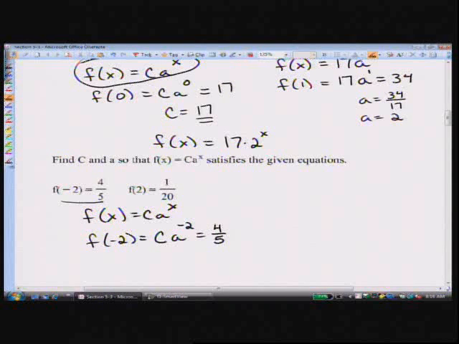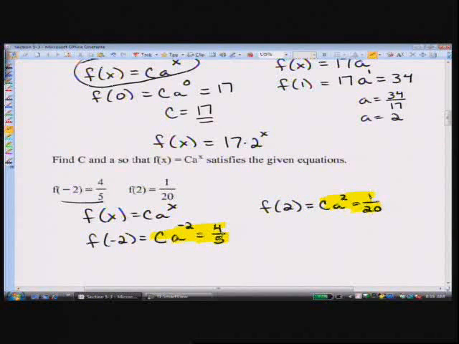And then the other equation, we are told that f at 2, which will be equal to C times A to the 2, is equal to 1/20. Okay, so you have to do a little thinking here. But you have 2 equations. You have this one and this one. And when you have 2 equations and 2 unknowns, you can solve one of the equations for a letter and then plug that into the other equation.